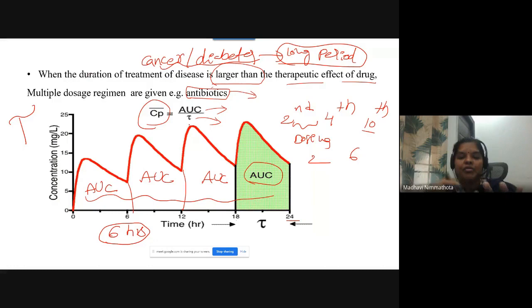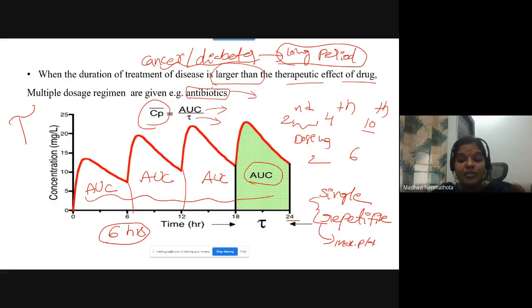So whether you administer your drug as a single dose or as repetitive doses, our aim should be the same. What is our aim? We need to achieve maximum plasma drug concentration levels.